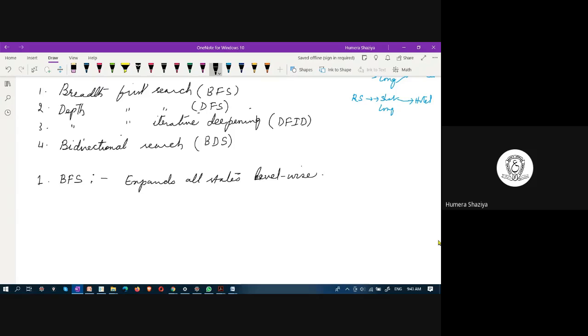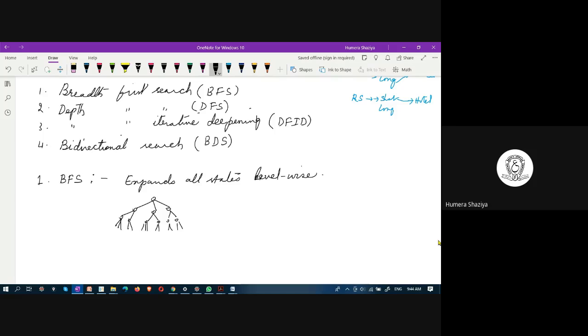Initially, it expands all the states one step away from the start state, followed by expansion of all the states two steps from the start state, subsequently three steps away from the start state, and so on until goal state is reached. Or in short, it can be said as expansion of states level wise.